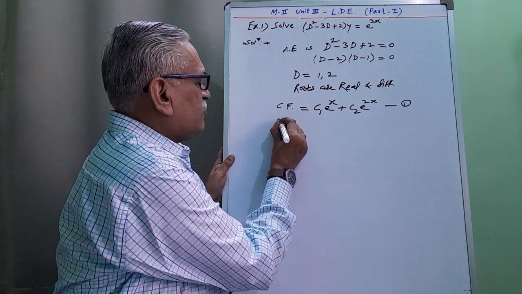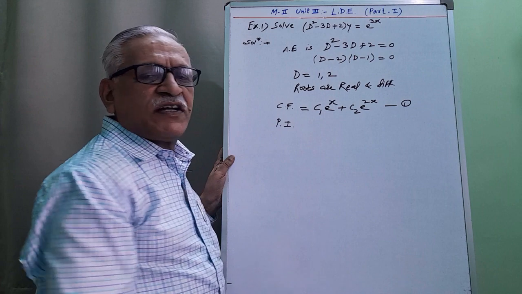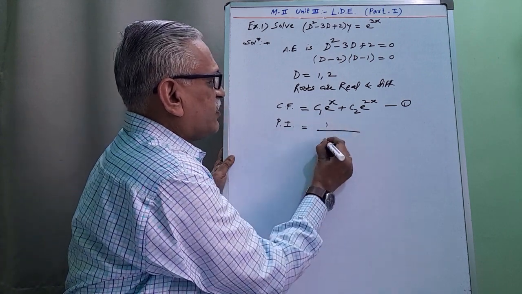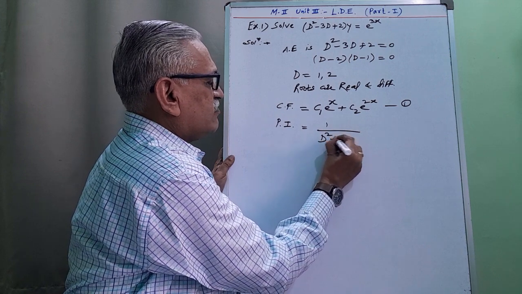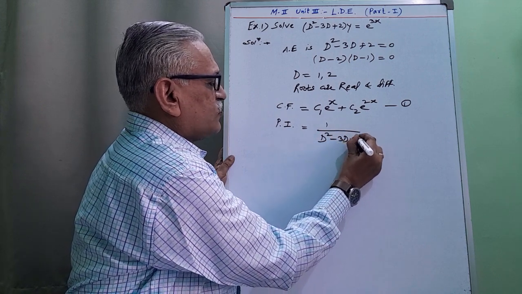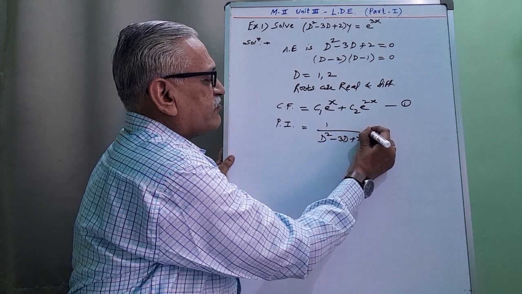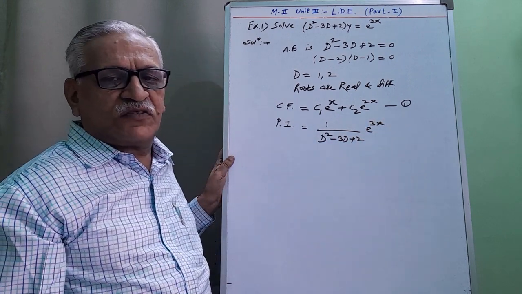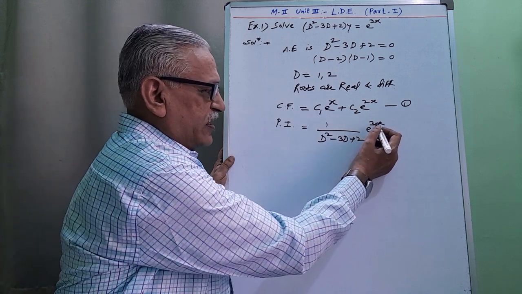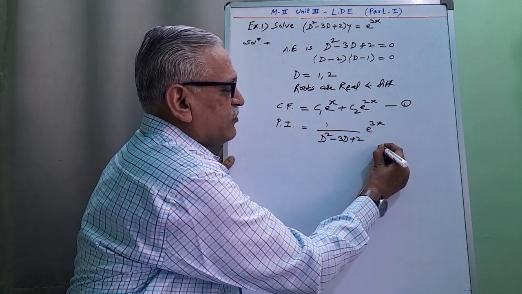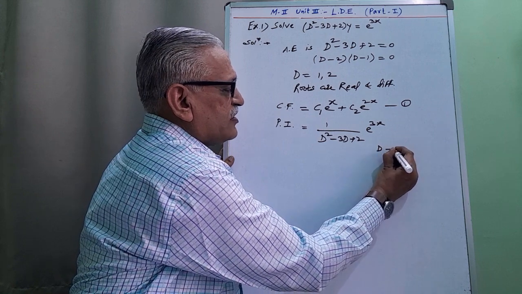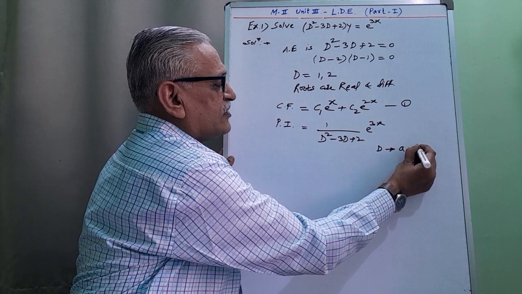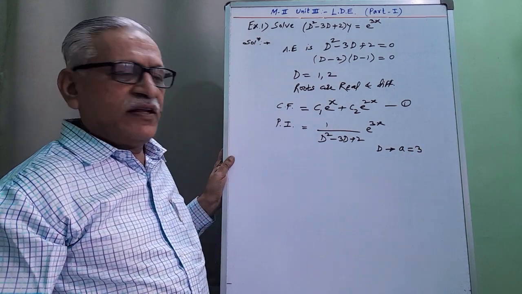Then in the second part we find PI, that is particular integral, by inverse operator technique: 1 upon (D² − 3D + 2), which we have to operate on e^(3x). This is the first case for PI, e^(ax) type of term, and whenever we have such a type of term, the rule is that D we have to replace by a, here the coefficient of x, therefore D replaced by 3.